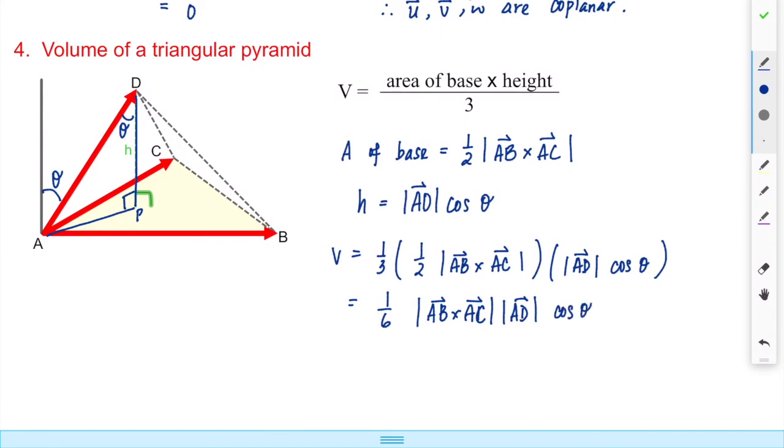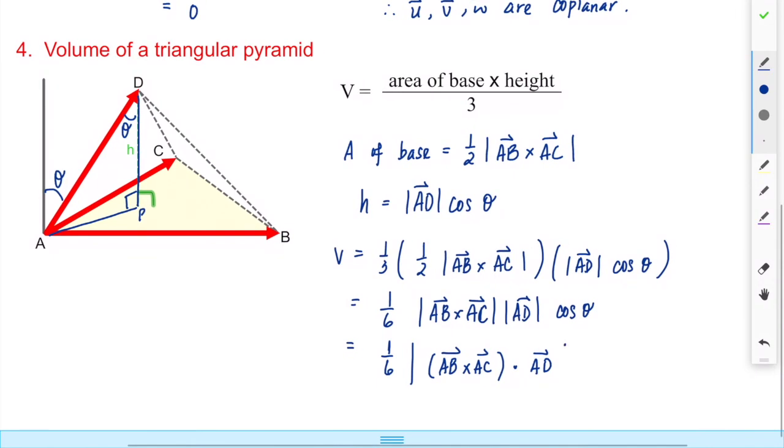Once again, we have a triple scalar product of AB cross AC, the 2 vectors that make up the base of the pyramid, and then dotted with one of the slant sides, AD. Okay, like that.